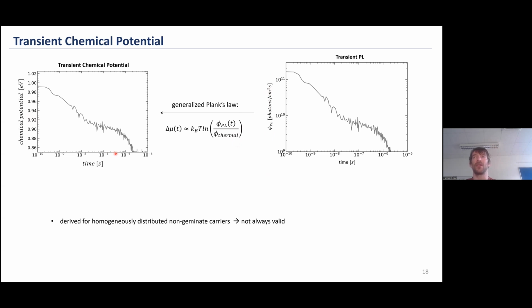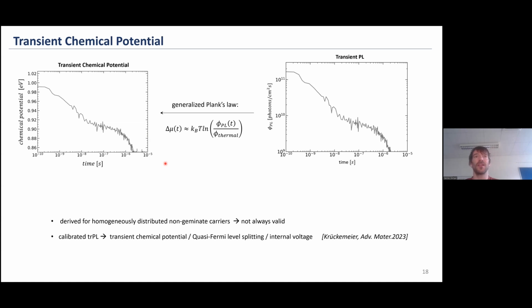And I have to say that this equation, the generalized Planck's law, is only derived for homogeneously distributed non-geminate carriers. So it's not always valid, but in my case, it's a pretty good approximation, which I can show you in a minute.